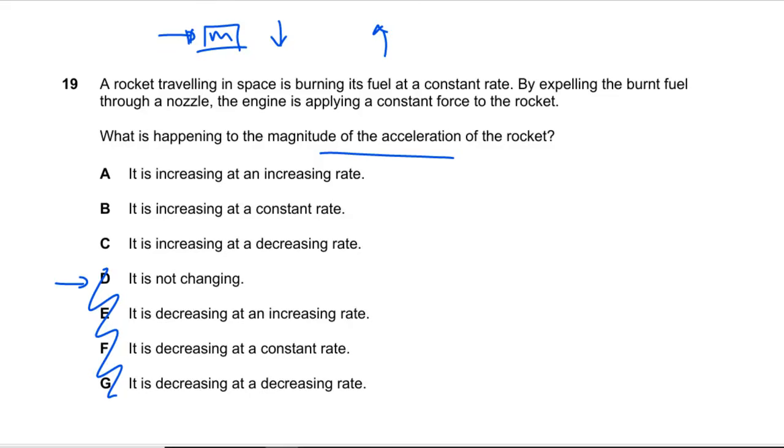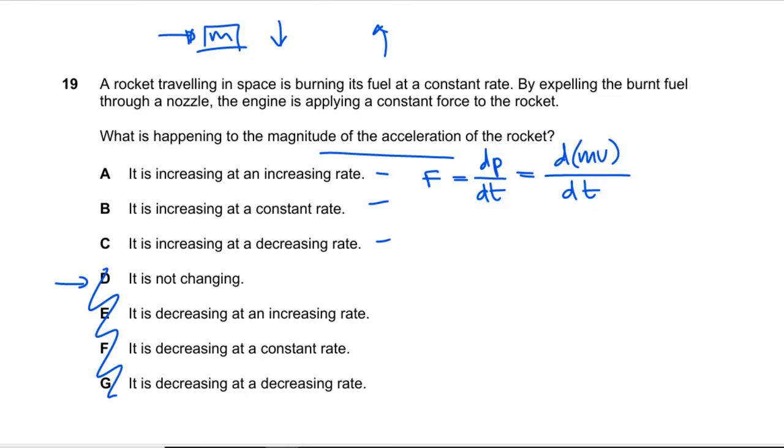But the question is then, what is happening to the rate of that increase in acceleration, which is not as obvious. So we're going to have to go back, because we can't use F equals ma, since that's for constant mass. So we're going to have to go back to our more detailed description of Newton's second law, that the force is the rate of change of momentum, which is d by dt of mv.